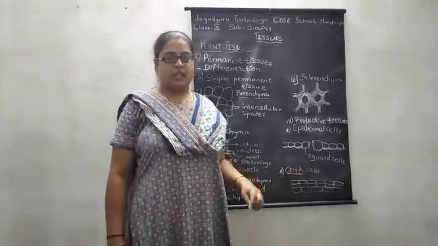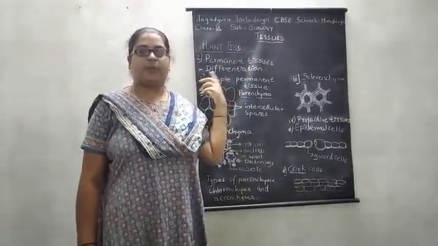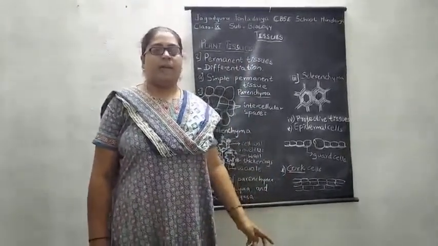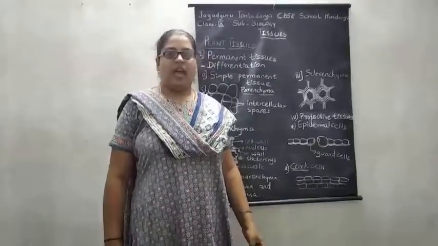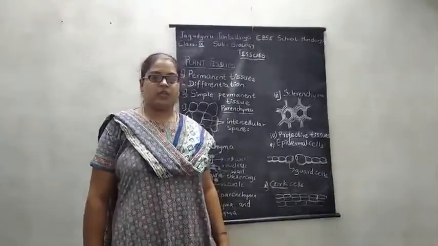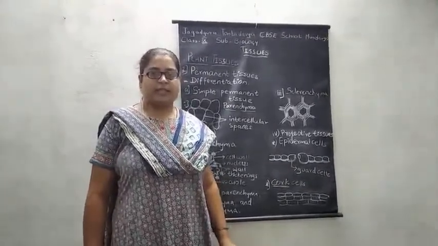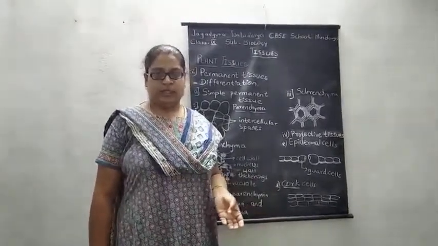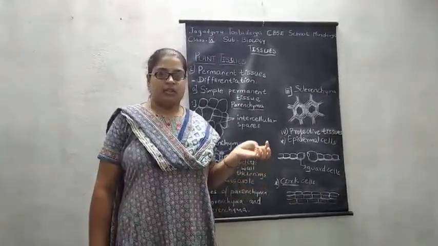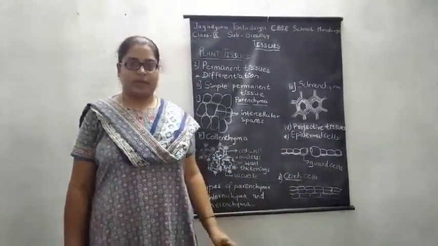And today we will be studying about the permanent tissues. These are another type of plant tissues, which are meant for performing different activities in the plants. These are tissues found in the different parts of the plants, and they are specialized for different functions, like storage of food materials, providing protection to the plants, and also exchange of oxygen as well as carbon dioxide.